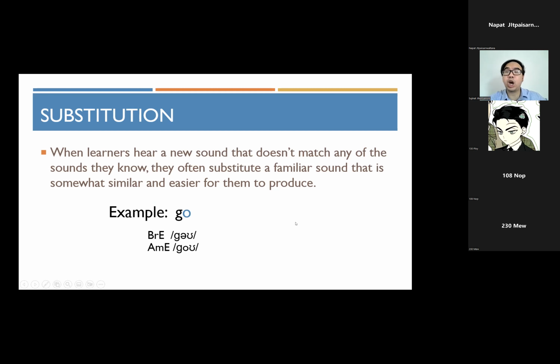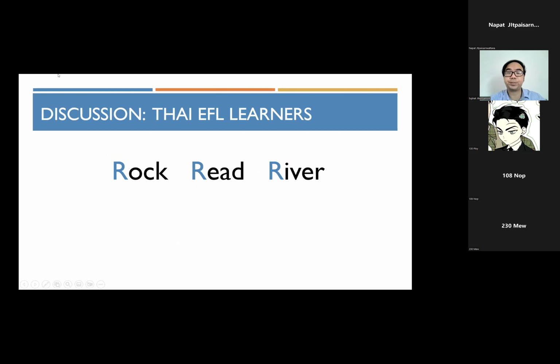In American, it is go, right? But how would Thai speakers pronounce this word? Go, with one vowel quality, right? So it is substitution. And g is a voiced sound, but most Thai speakers pronounce it as a voiceless sound, because we don't have a voiced g in Thai, right? So it is substitution, substituting some sounds with the native sound.